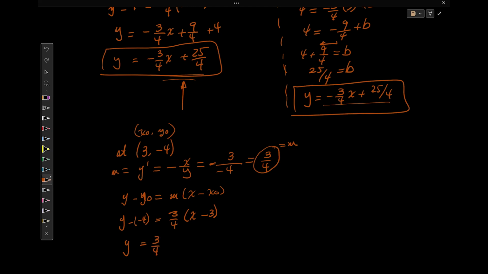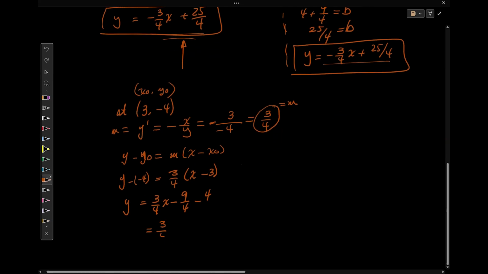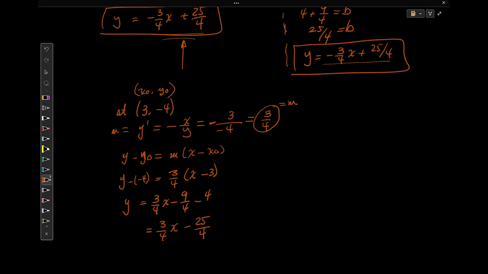So we have 3/4 x minus 9/4 minus 4. So this is 3/4 x, and then here I have minus 25/4. So we have two equations at the 2 points.